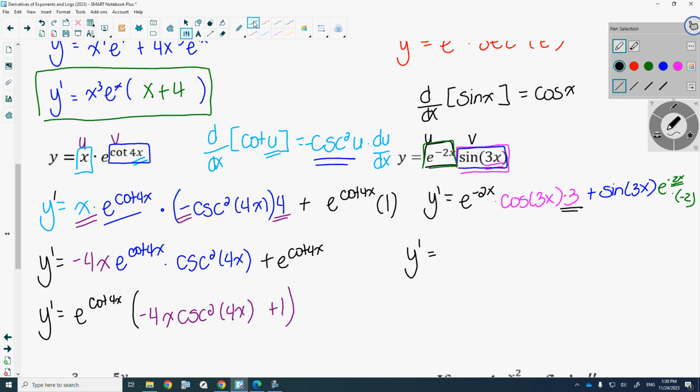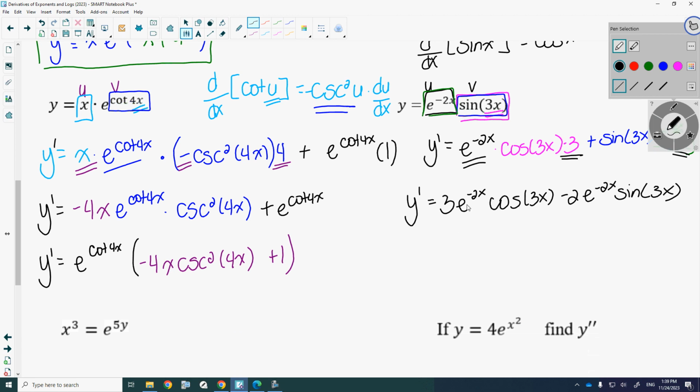I'm just going to bring this 3 to the front, and then I'm going to write e to the negative 2x cosine of 3x. I'm going to bring that negative 2 to the front, and then I'll write the e to the negative 2x, and then the sine of 3x. What could I factor? I could factor out an e to the power of negative 2x.